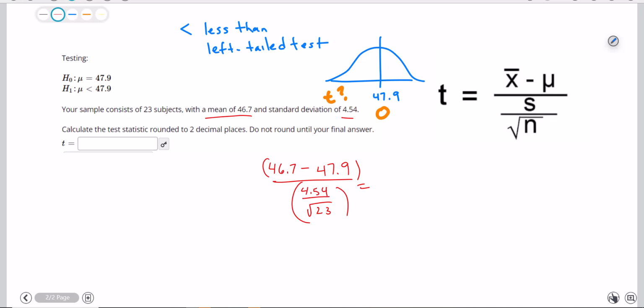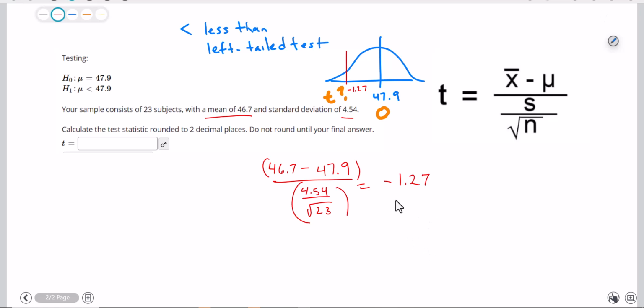All right, and I get a negative 1.27 rounded, which makes sense that it should be negative, being left tail, and also that it is less than 0.